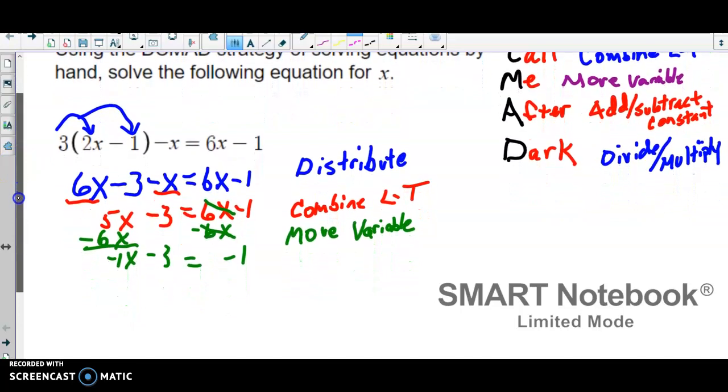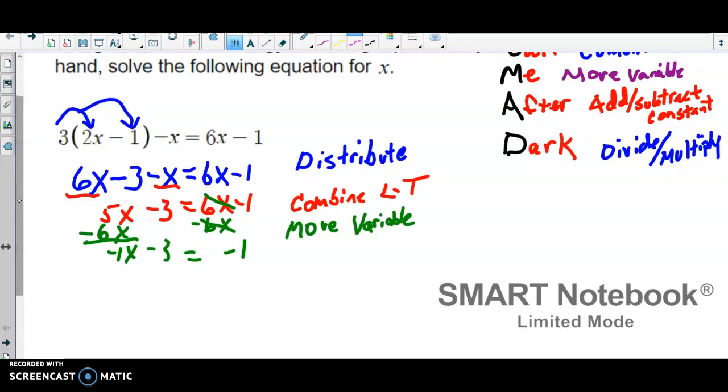Okay, now I'm on my add or subtract the constant. So I'm going to add, subtract constant. And my constant is the number without the letter.